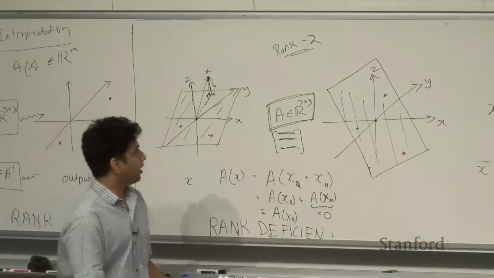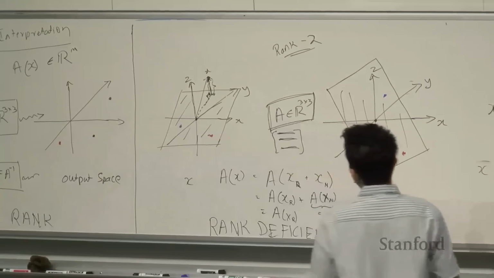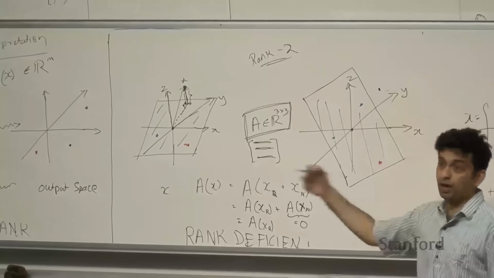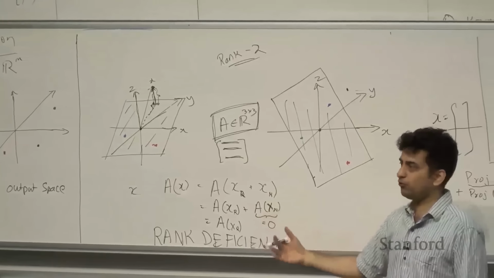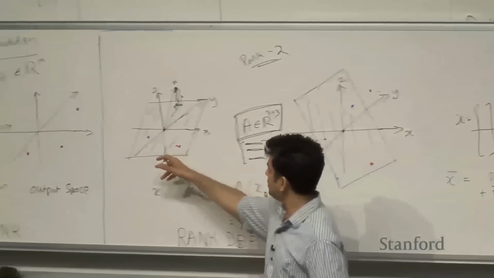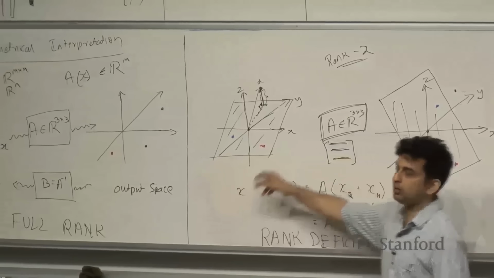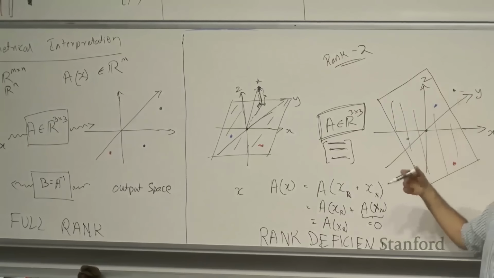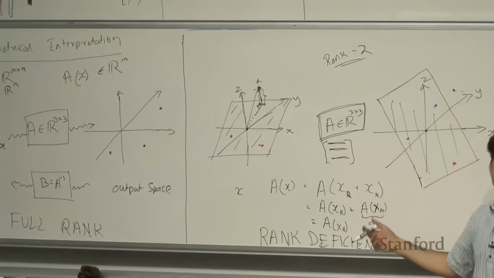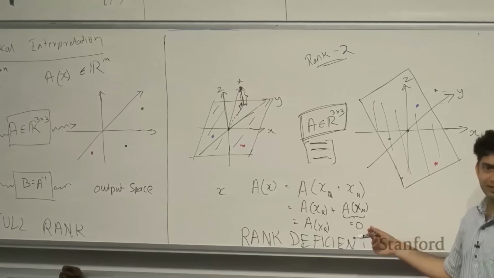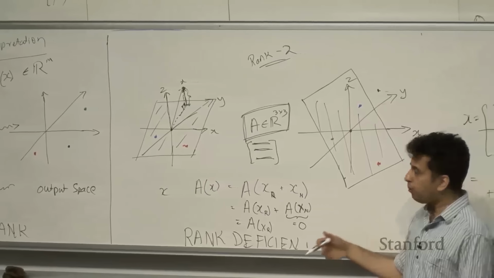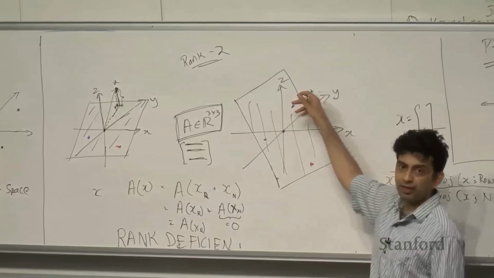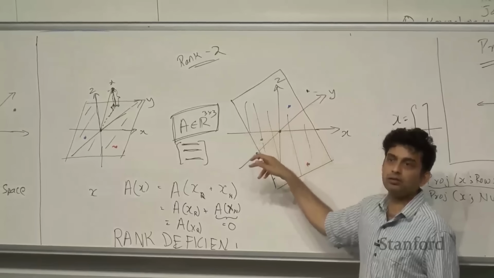Which also means that if we have a point that lives outside the subspace in the output space, and we want to find what point in the input space will give me this as the output, we're effectively asking the question, what is A inverse? That does not exist. For no point in the input space can we reach a point that lives outside the column space.